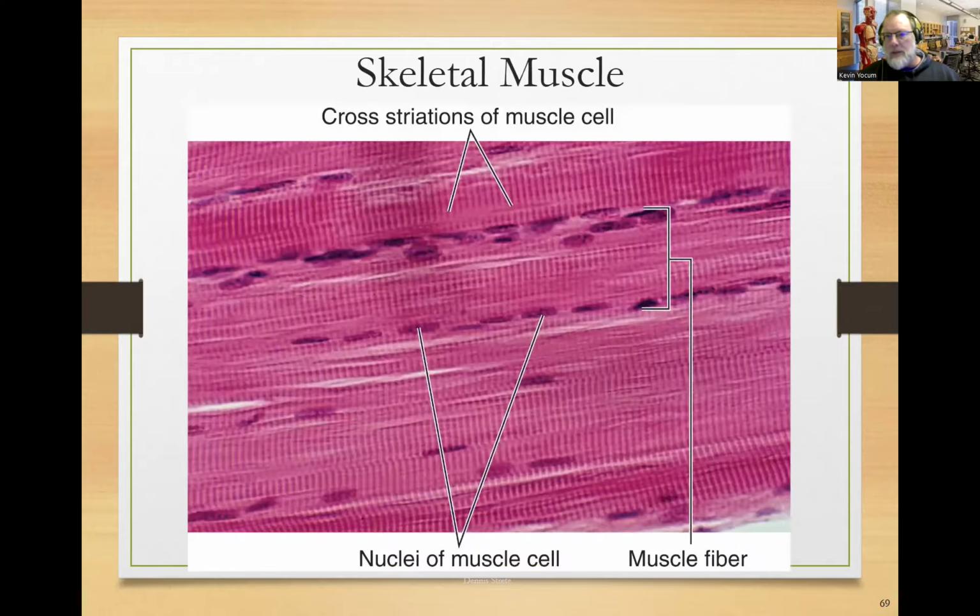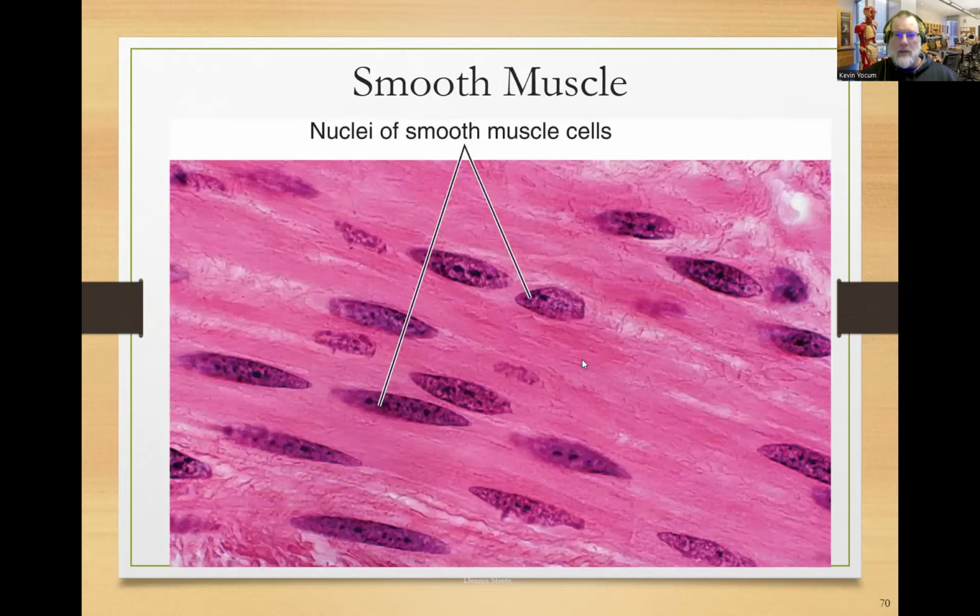What do these three look like? We're going to spend a lot of time on each of these when we get to the body systems. But here's what skeletal muscle looks like: lots of stripes, lots of striations, very parallel, organized arrangements. Smooth, we see a lot of oval nuclei and maybe some strands or fibers in there.